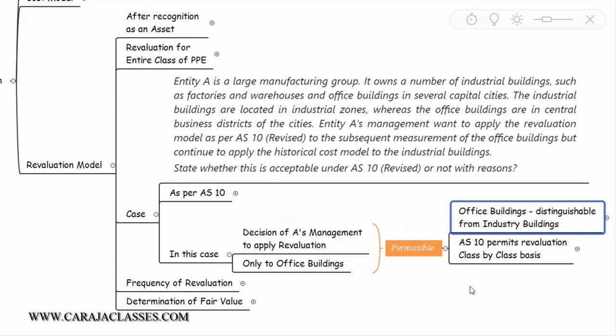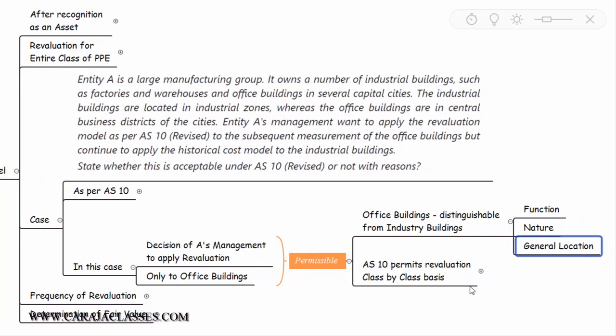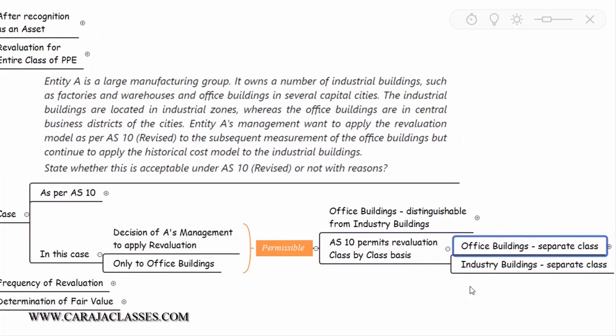Because office buildings are distinguishable from industrial buildings. Office buildings are a separate class, industrial buildings are a separate class. So let's make it clear. Office buildings are distinguishable from industrial buildings by their function, nature and general location, and AS 10 permits revaluation on a class-by-class basis.